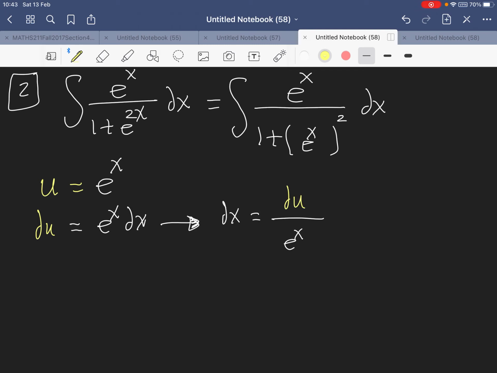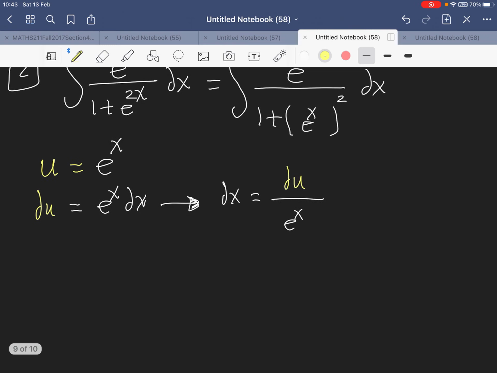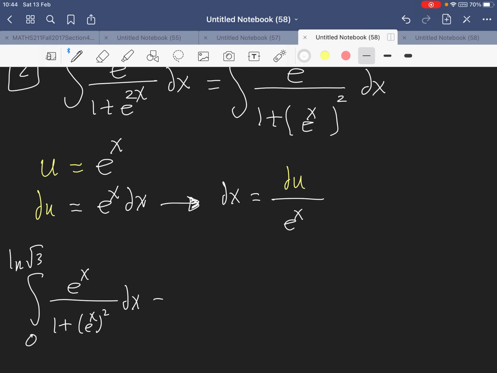Now, the next step is to write the limits of integration. So we have the integral from 0 to ln square root of 3 of e^x over 1 plus (e^x)^2 dx equal to the integral. Now you have to tell me from where to where.